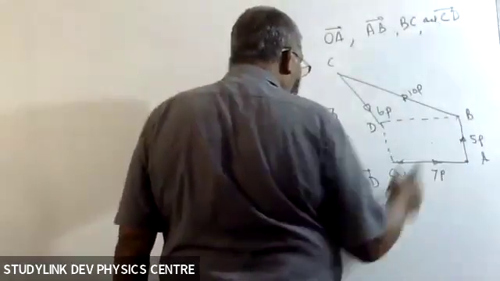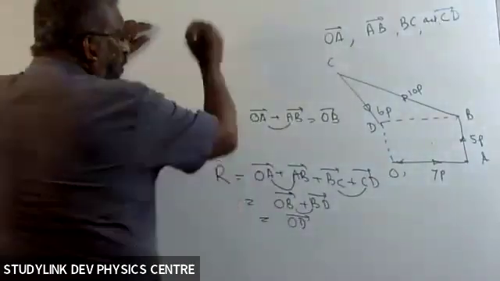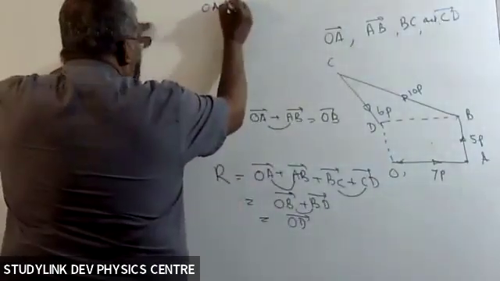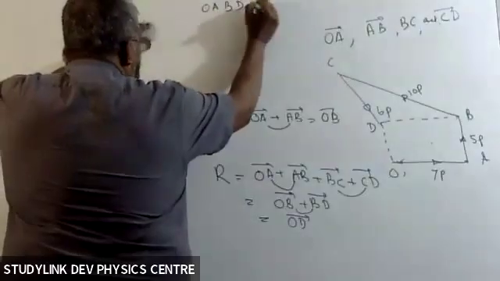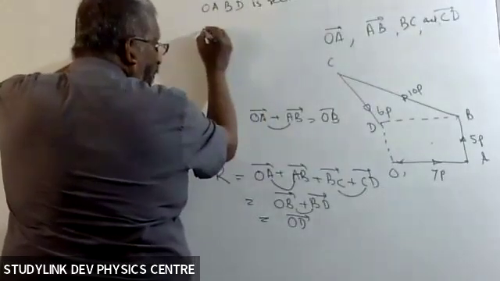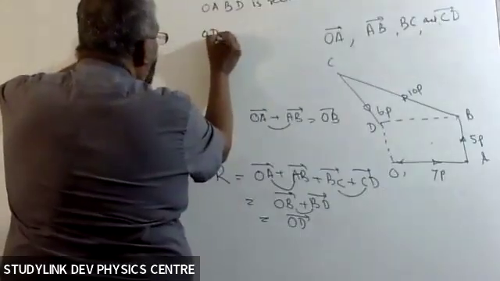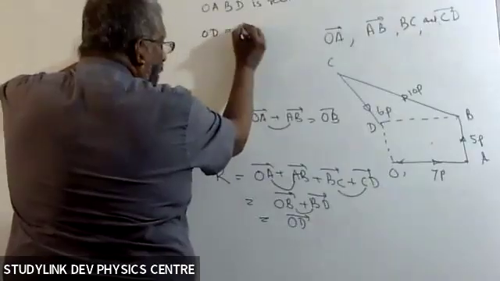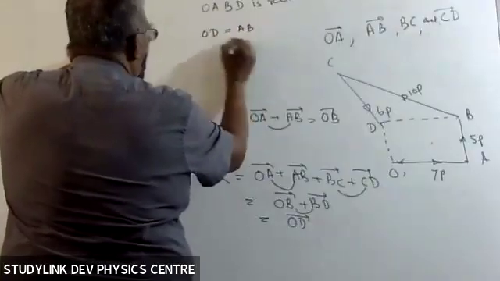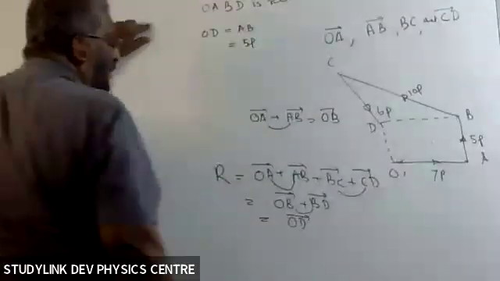So OA, BC, BD is a rectangle. Therefore OD is equal to AB, and AB is equal to 5P.